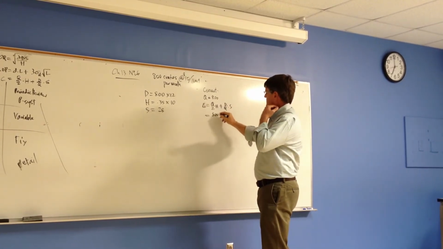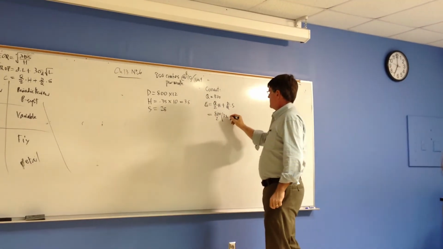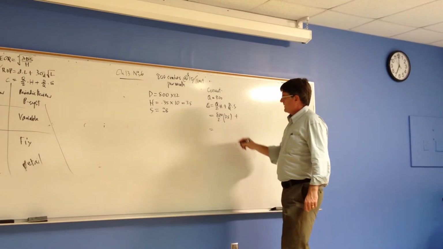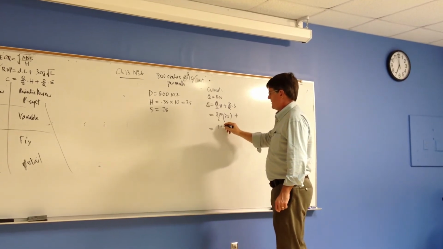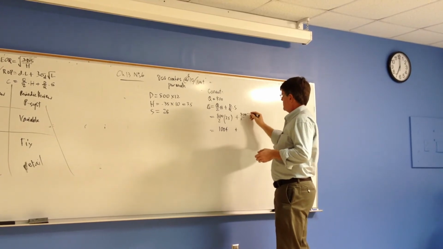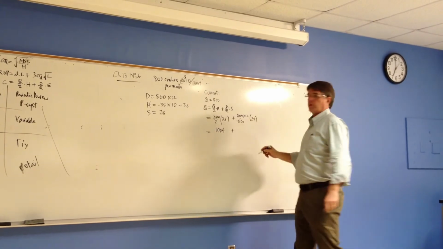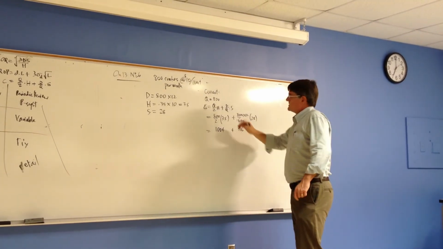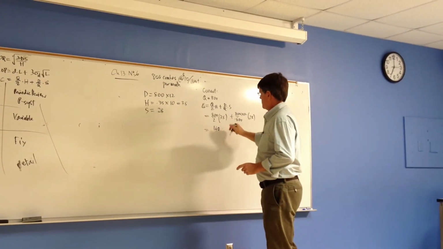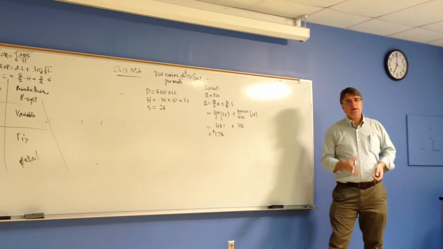It's 800 over 2 times 3.50, that's 1,400... wait, sorry. The first term is 800 over 2 times 3.5, that's 1,400, and the other one is 12 times 800 over 800, times 28, that's 336. And that's 1,736.